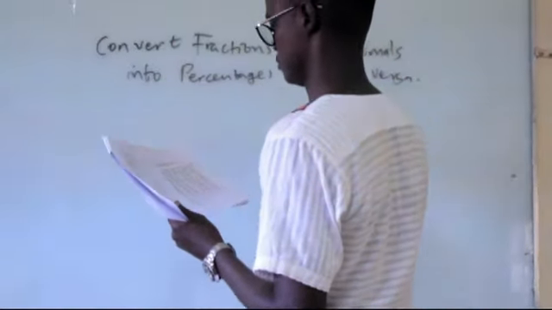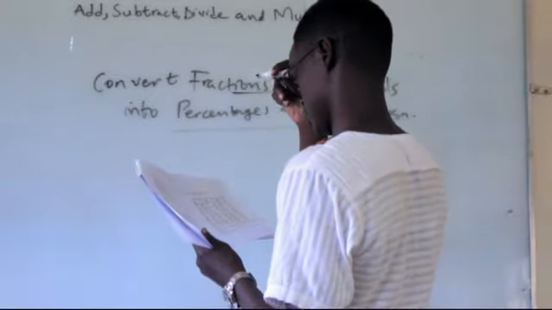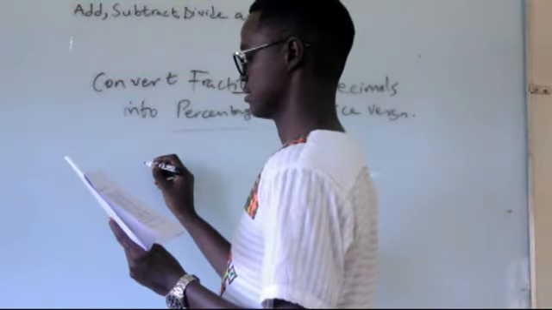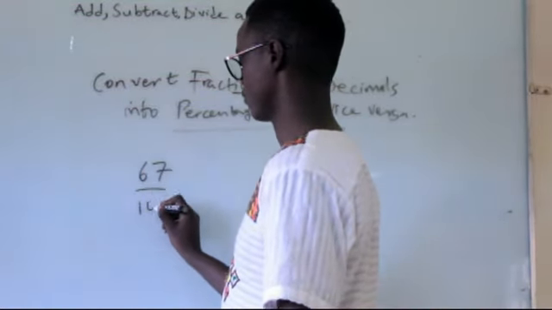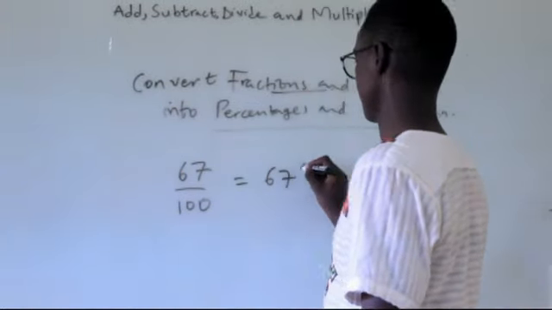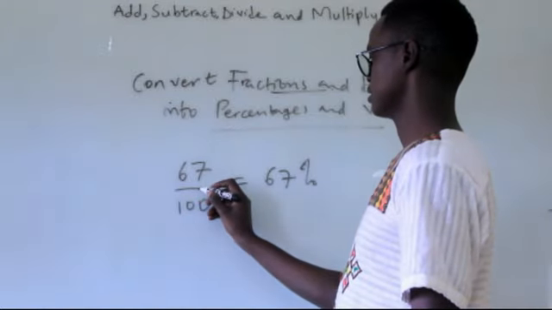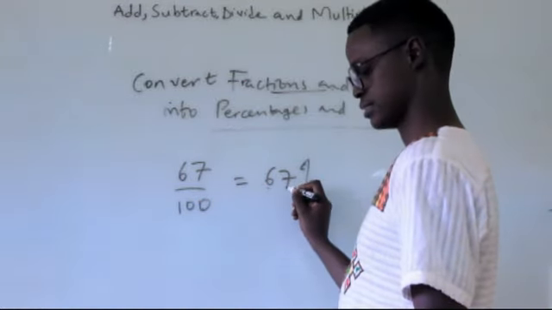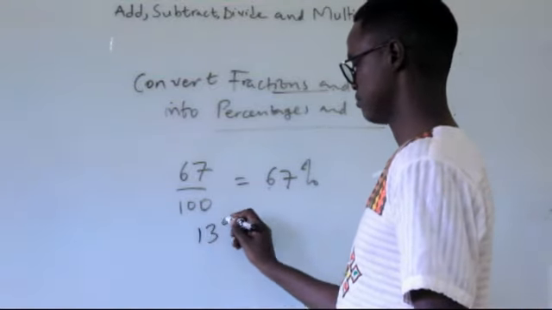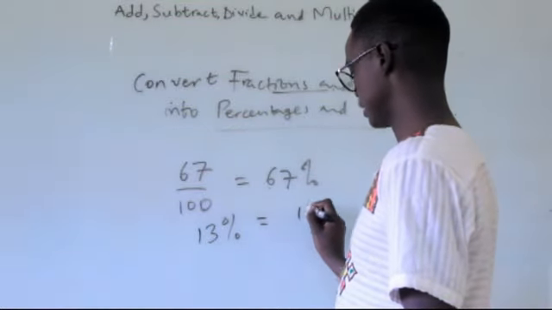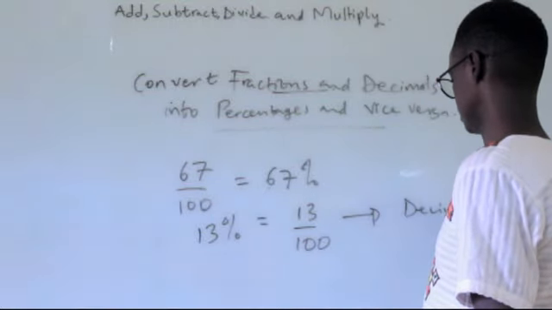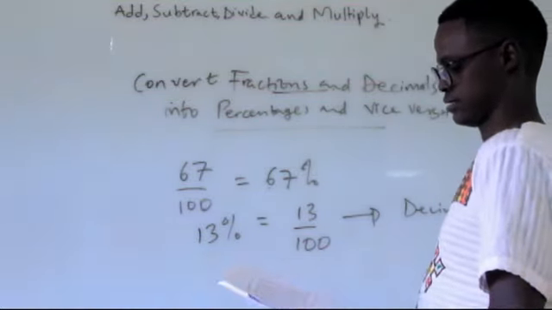For example, we have 67 out of 100, and this is 67%. If you have 13%, this will be 13 out of 100. This can be taken to decimals. We have seen those ideas.